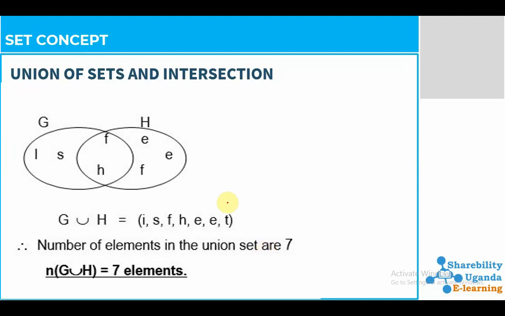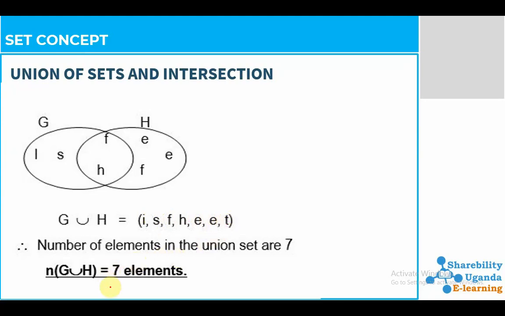So here it says the number of elements in the intersection set are 7. Yes, there we looked at the union of sets, there is also what we call the number of members, like we talked about the intersection sets. So how do you get the number of elements in a union set? How do you get them? After you have listed them, you can count and say this is 1, this is 2, 3, 4, 5, 6, 7.